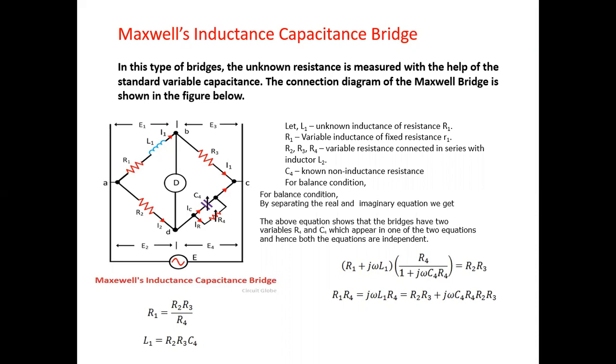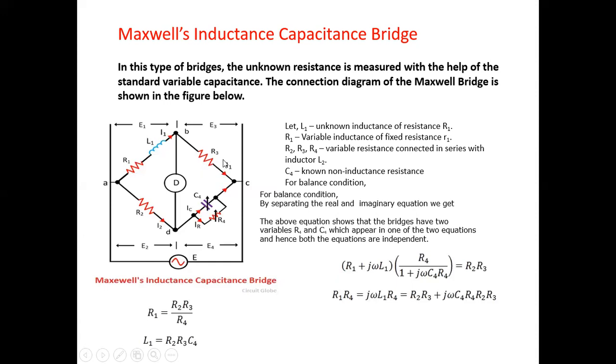Maxwell inductance capacitance bridge. In this type of bridge, the unknown inductance is measured with the help of a standard variable capacitance. The connection diagram of the Maxwell bridge is given below. There are four arms. In the first arm, R1 and L1 are connected in series. In the second arm, R2 is connected.